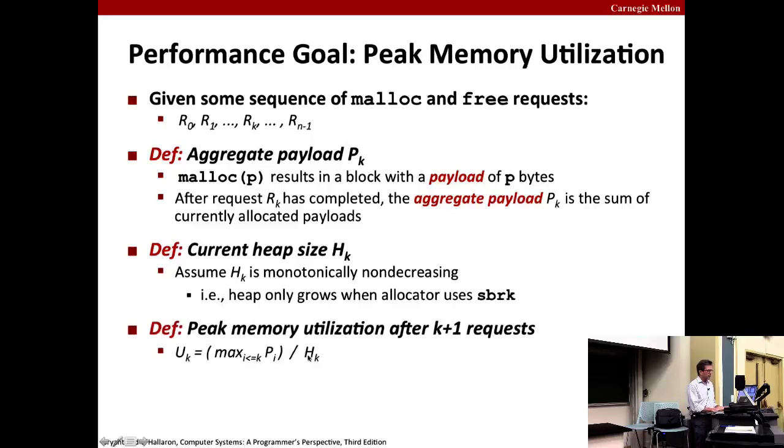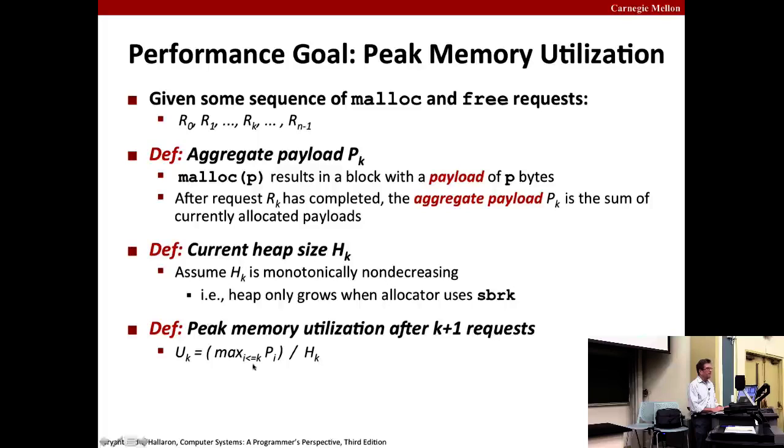Given those notions of aggregate payload and heap size, the peak memory utilization after k plus 1 requests is the sum of all the payloads divided by the total size of the heap.